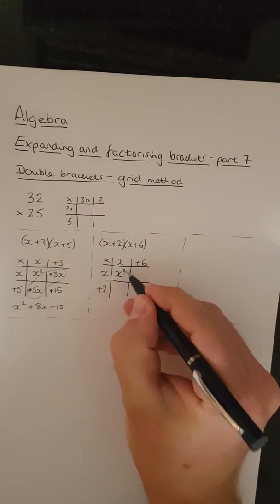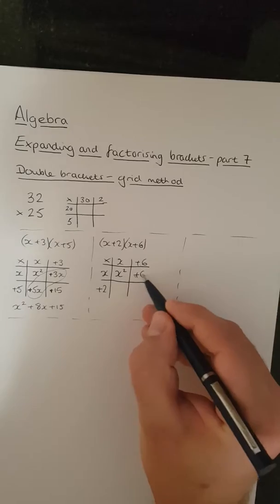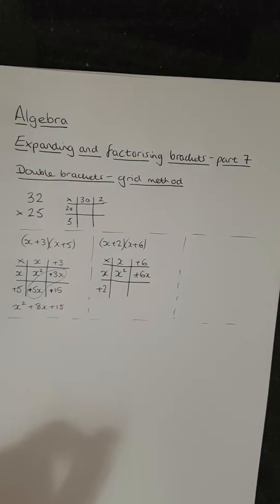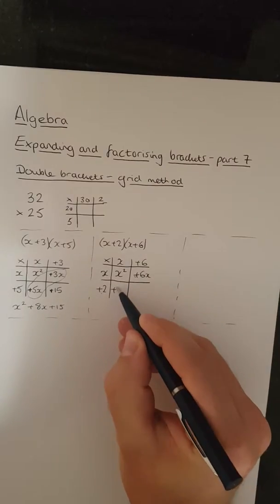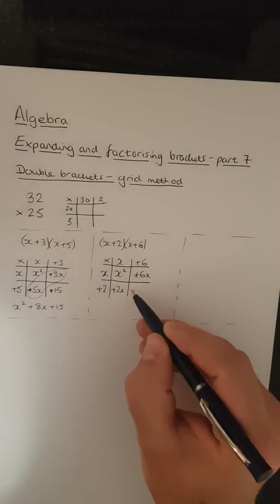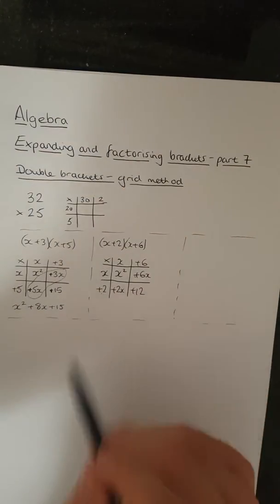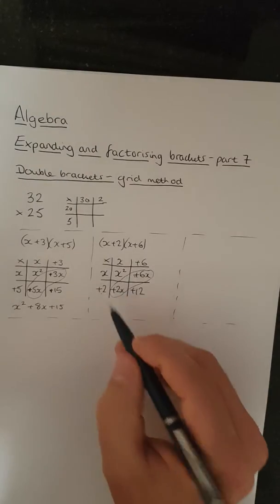So that's x squared, 6x, 2x, and 12. There are my two that I can simplify together.